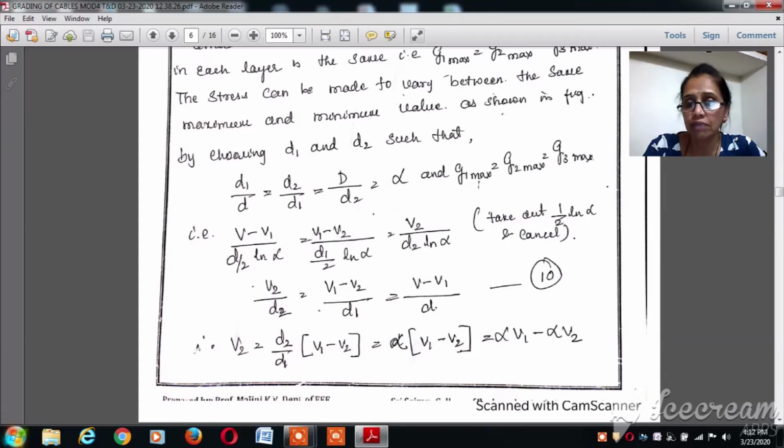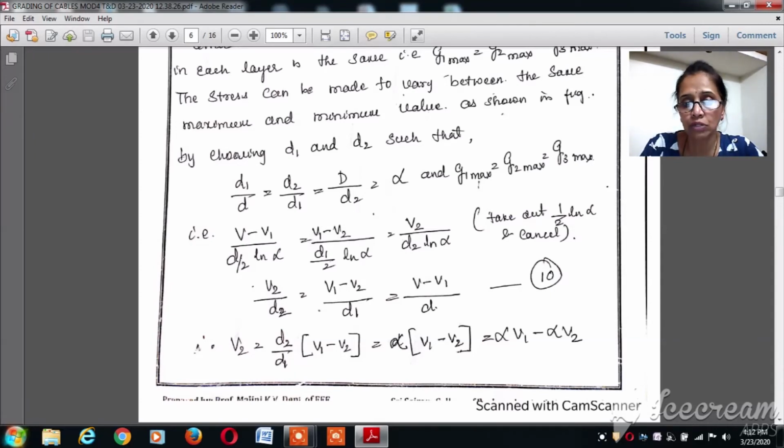So all that we have done is take out half of ln alpha from this equation and cancel it, and we have reduced the equation to V2 by D2 equal to V1 minus V2 by D1, equal to V minus V1 divided by D. Keeping this as equation 10, we can move to the next formula to find the value of V2. Cross multiply: V2 is D2 divided by D1 into V1 minus V2.